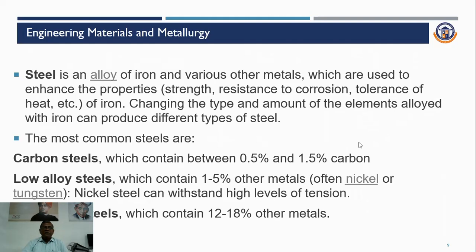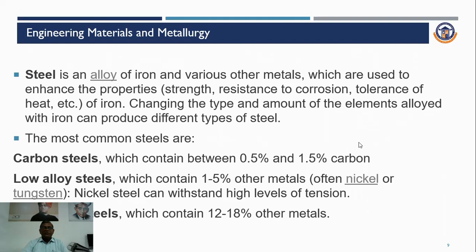The most common steels are carbon steels, which contain between 0.5 and 1.5 percent of carbon. Low alloy steel contains 1 to 1.5 percent of other metals, often nickel or tungsten or some other alloying elements.